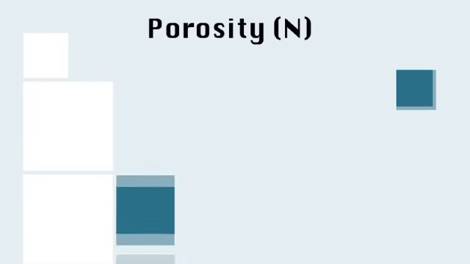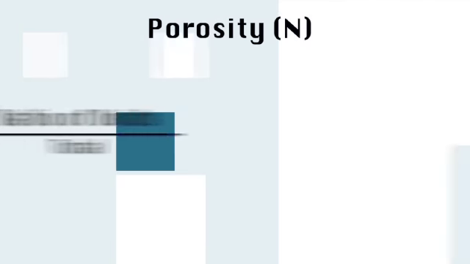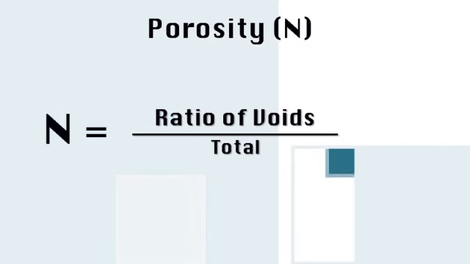If a material has a high degree of interlock, or it has a high solids ratio or a low voids ratio, we know straight away the material has a good strength. Now, N is the porosity. It is the ratio of the voids to the total. Then we've got the water ratio.